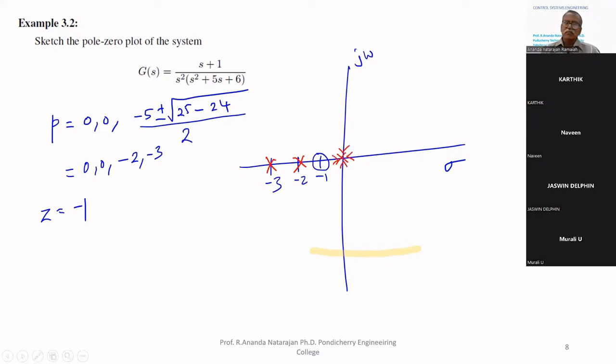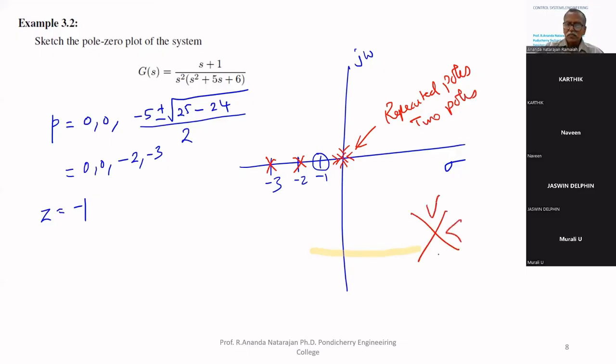Repeated poles, 2 poles, have to be marked like this. Other poles are simple.